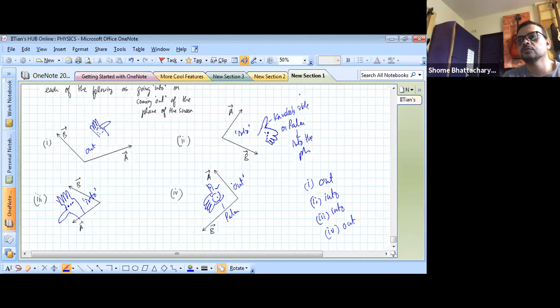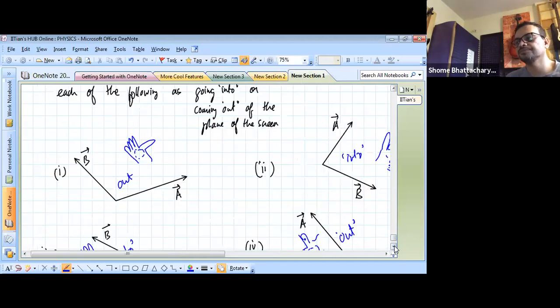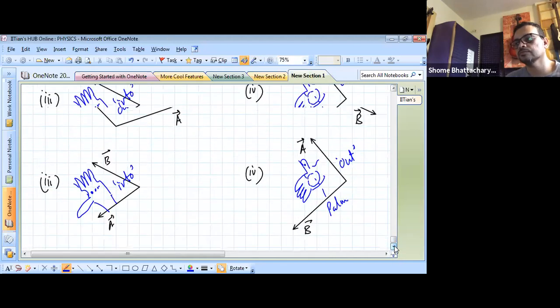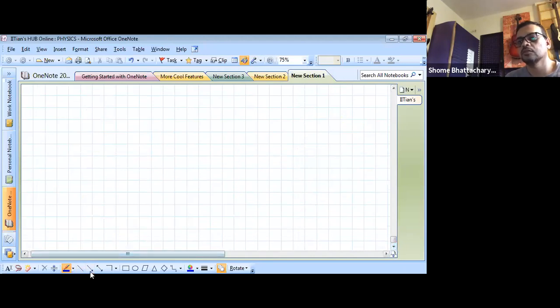Okay, so now quick example more and then we'll wind up for today. Suppose now I have my XY axis defined like this.